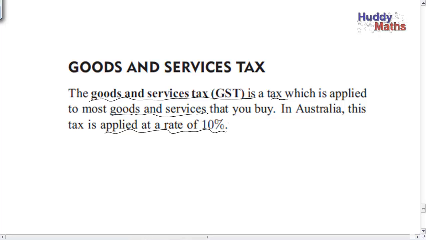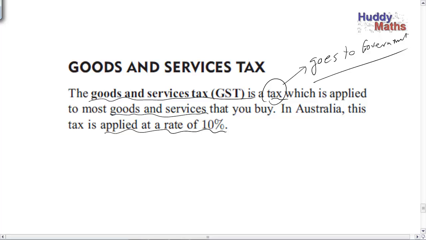Okay, so if somebody comes and fixes up your plumbing at home and charges $500 for his time or her time, then this tax has to be applied and you have to add on 10%. And that's for the government. So it's a tax. It goes to the government, not to the business or the person. It goes to the government. It is a tax to help run the country.